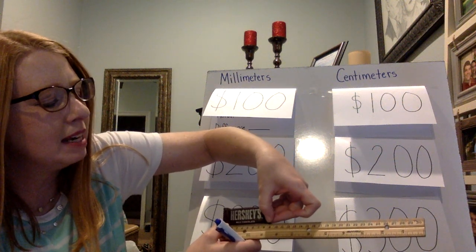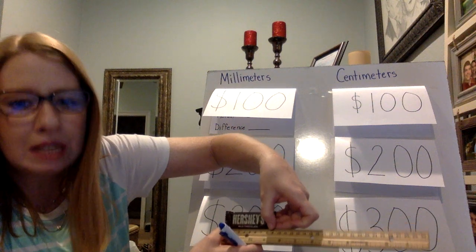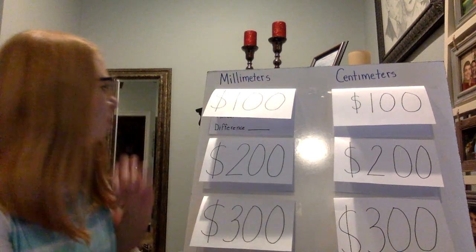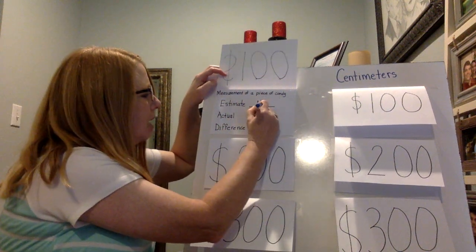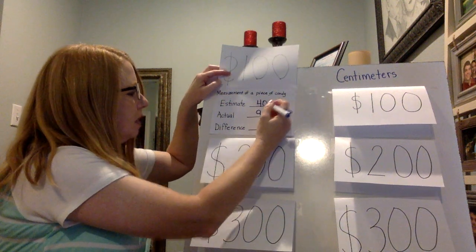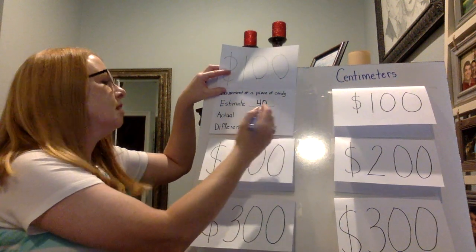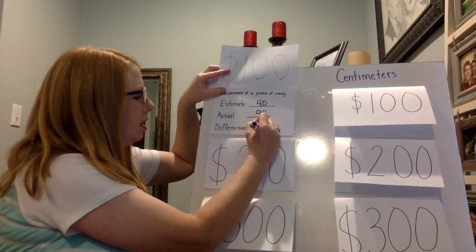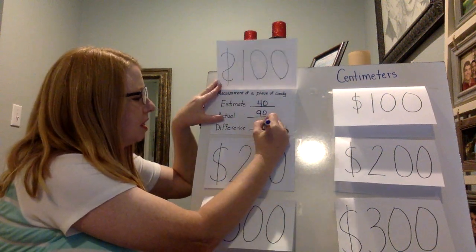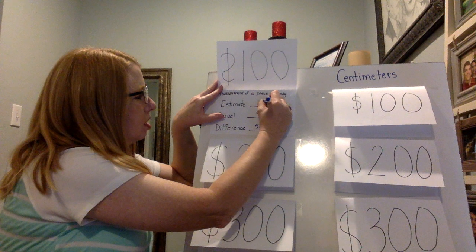If it ends at 9, I know that 9 times 10 is 90. So the actual measurement is 90 millimeters. And my difference, I would say 90 minus 40, and I would get 50 millimeters.